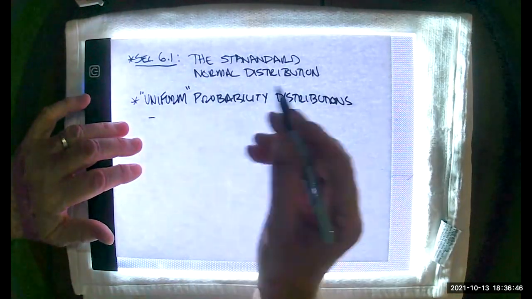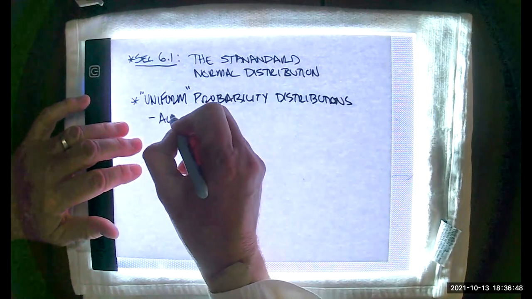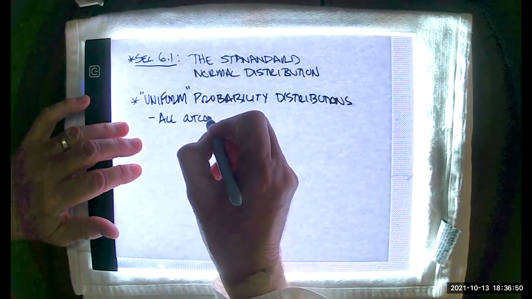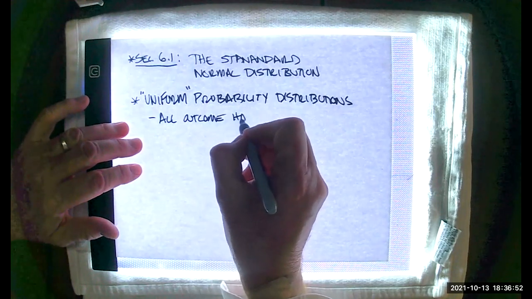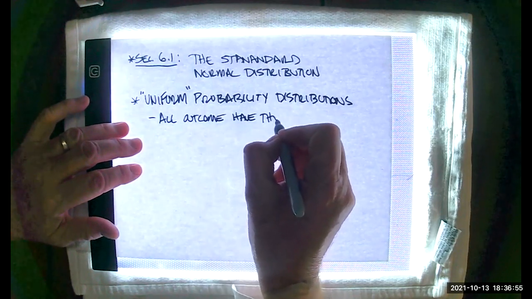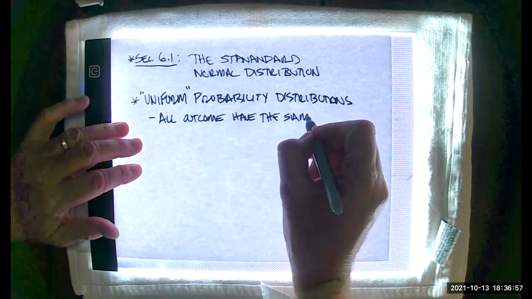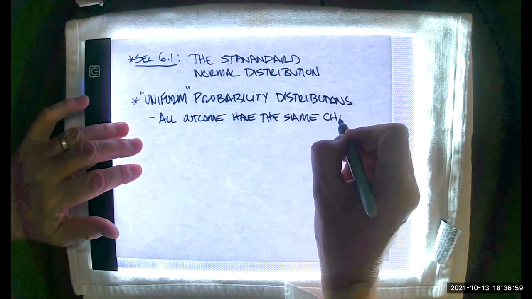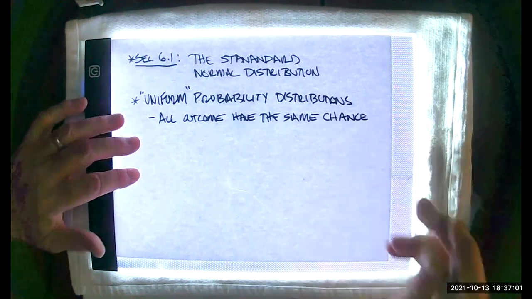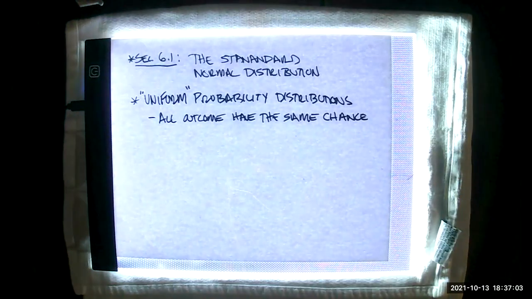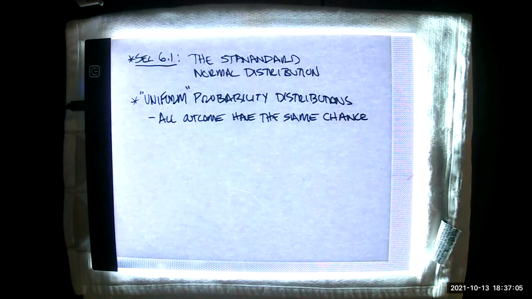This is where, as I noted last night, all outcomes have the same chance of occurring. And yes, I know I mentioned it last night, but I'm going to mention it again because the notion that it helps me introduce is truly that important.